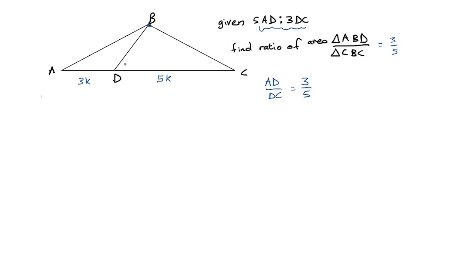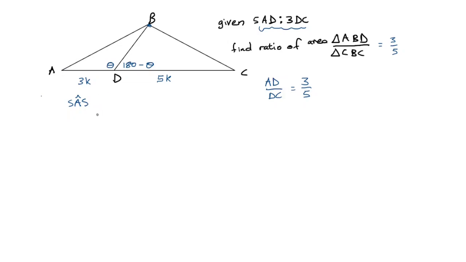I'm going to let this be theta, and therefore the other side would be 180 minus theta. And what I'm going to be using is my knowledge of area rule, and area rule requires side, angle in between, and side. And so watch how it goes.